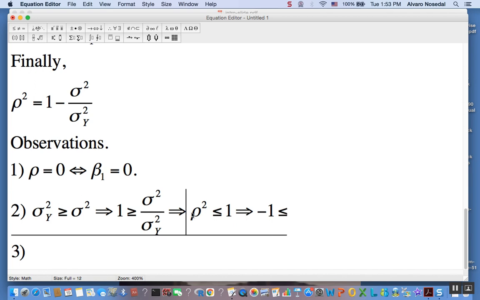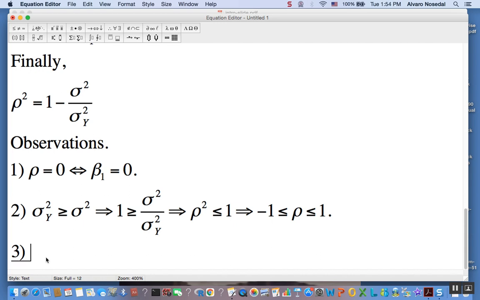You take the square root and that's what you end up with, a number between -1 and 1. Okay, so now let me move to the next observation.